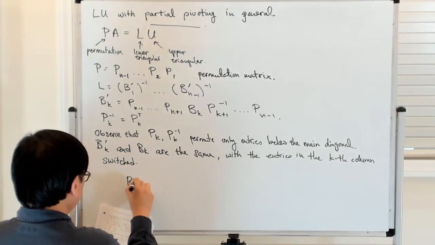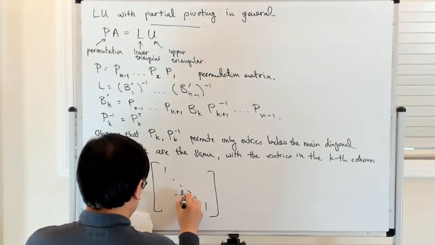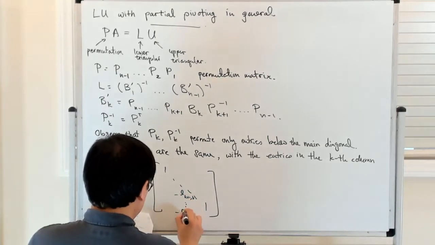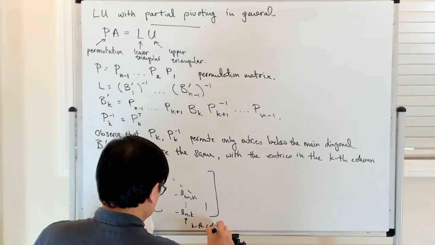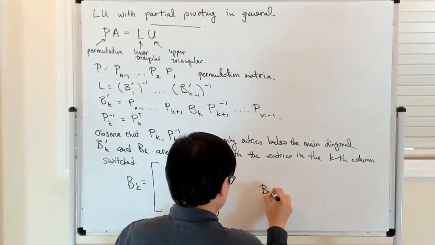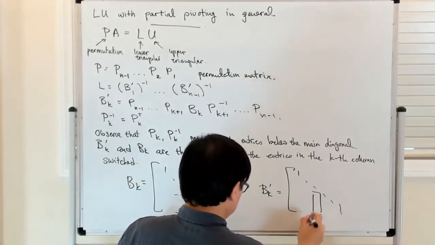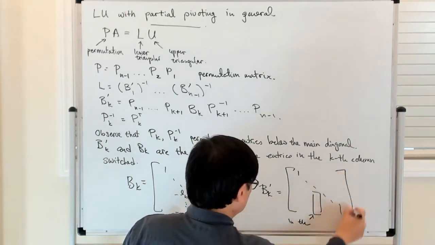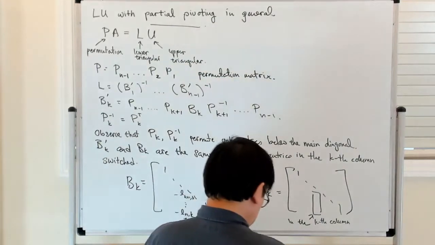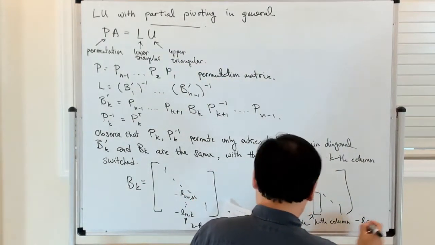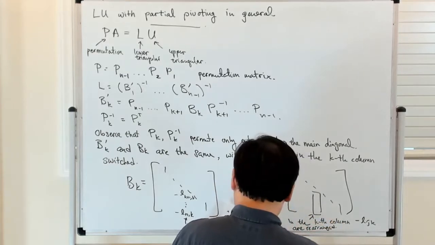What I mean by that is, if you have Bk, which is this diagonal of 1s, and then entries minus L k plus 1 comma k, all the way up to minus L n comma k, so this is the kth column, then Bk prime is generally the same thing, except that in the kth column you have these entries, but they're permuted, sort of rearranged.